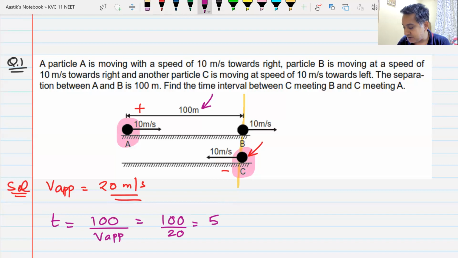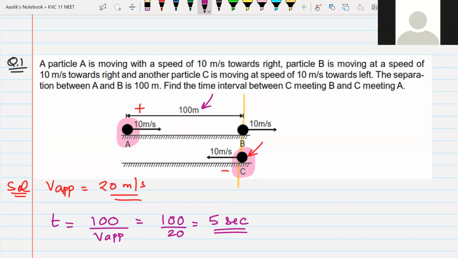So they will meet each other in 5 seconds. Do we understand this? Okay, so this is a simple question of velocity of approach. I hope everyone has got this. I'll give you 1 minute to note this down and then we'll move forward with the next type of questions.